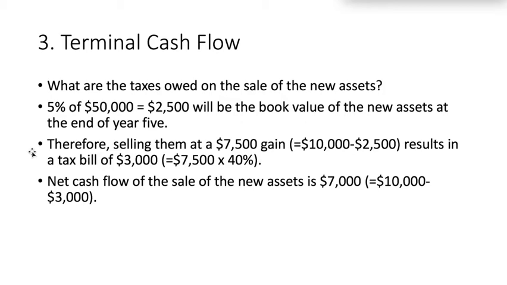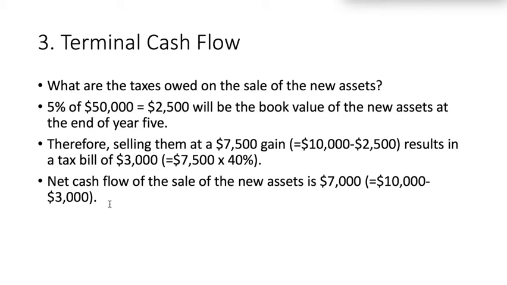So to compute taxes, we have to figure out, well, is the sales price of the old asset or of the new asset at the end of the 5 years, is it above or below the $2,500? And since we're saying that they can sell them at $10,000, that's a $7,500 gain, taxable gain, that is taxed at a 40% rate, which would make a tax bill of $3,000.